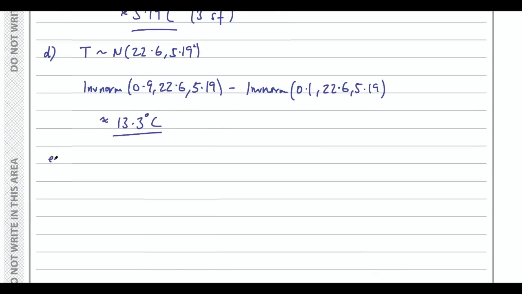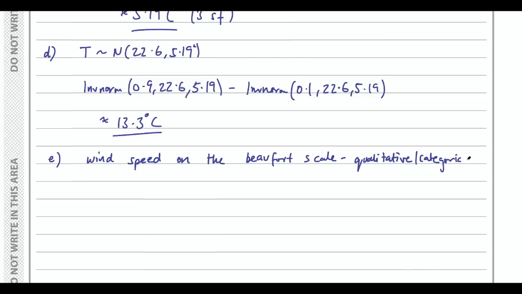We have wind speed on the Beaufort scale, and I'll just go ahead and write these out. This was because it was qualitative or categorical, and the other one was rainfall because it is not symmetric.